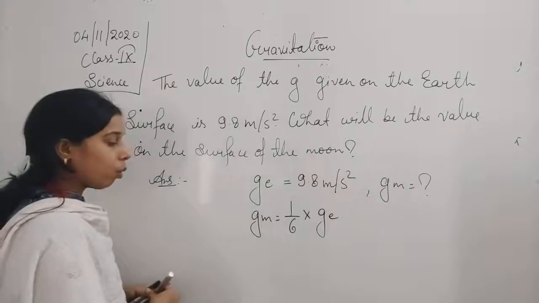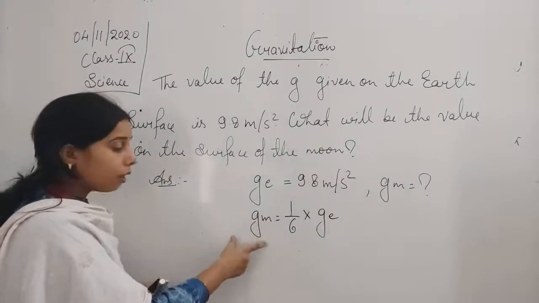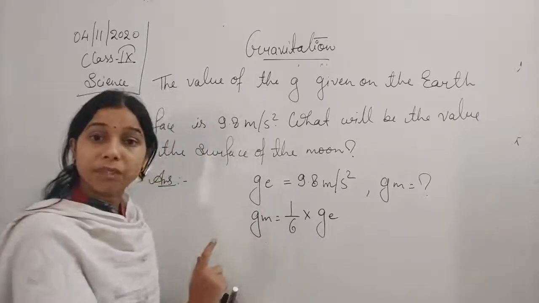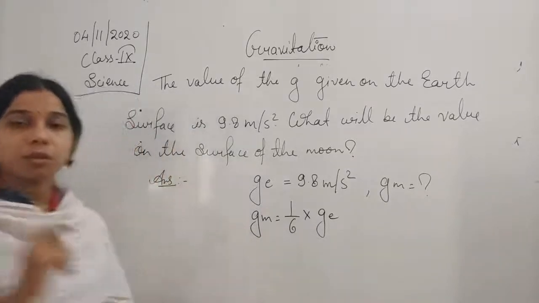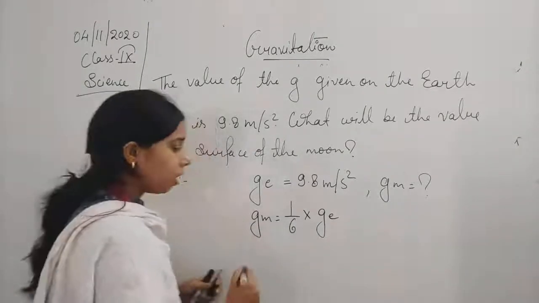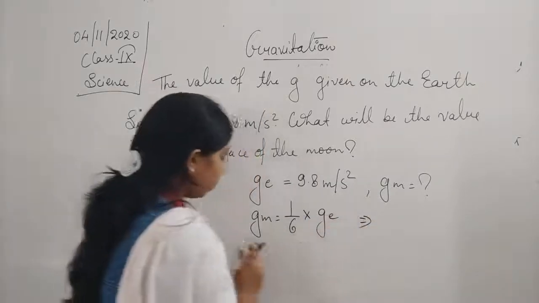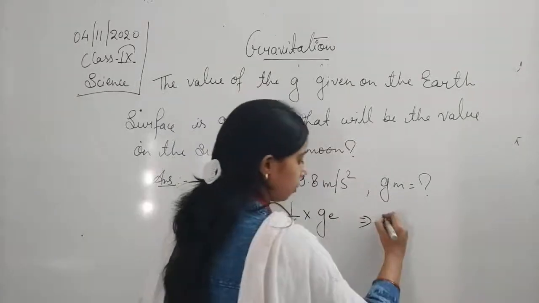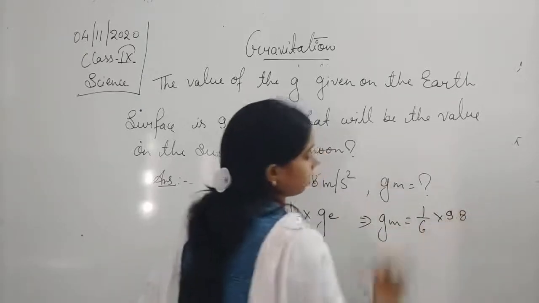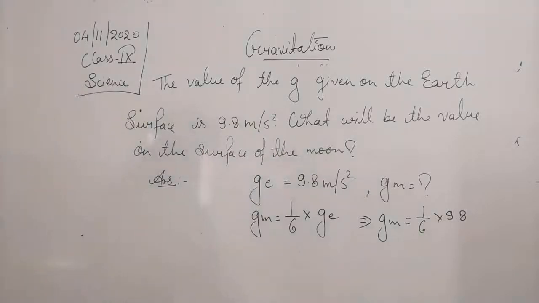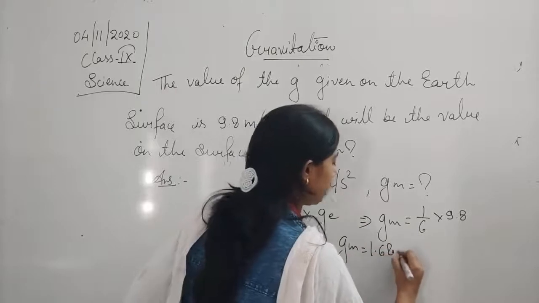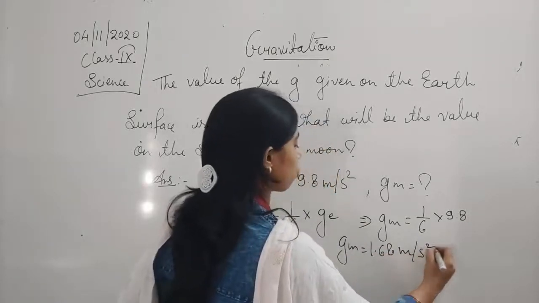Now we know the value, this one we have to find. So Gm will be equal to 1/6 into 9.8, which is 1.68 meter per second square.